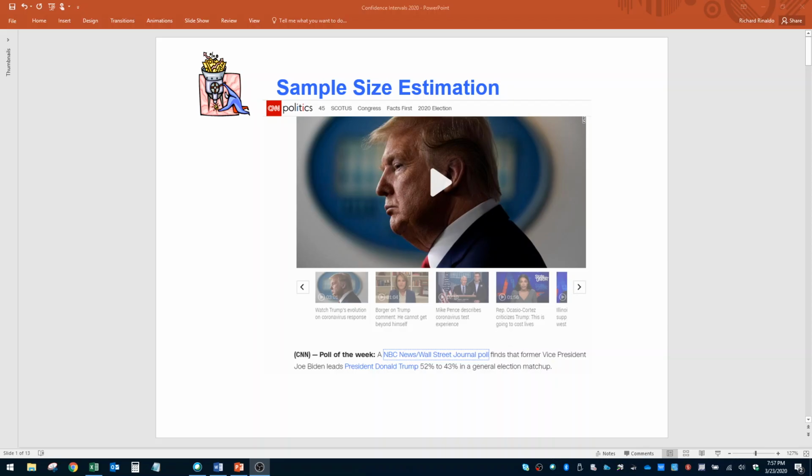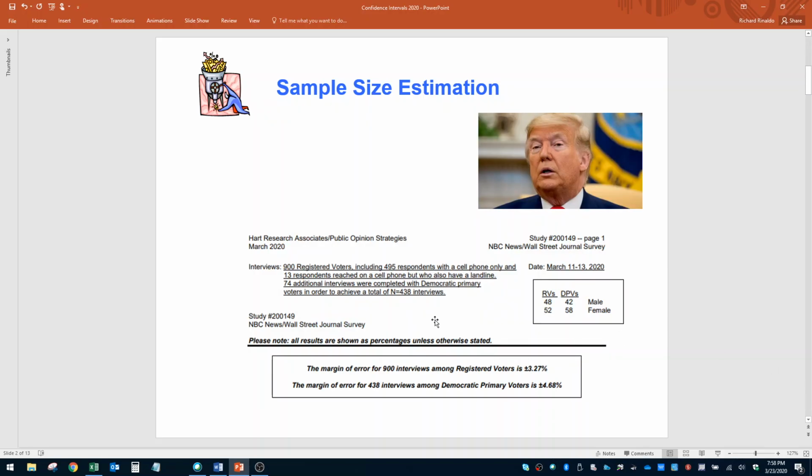And in that poll of registered voters, 43% said they would vote for Donald Trump. Okay. Additional information on that report of that 43% saying yes, they would vote for Trump.